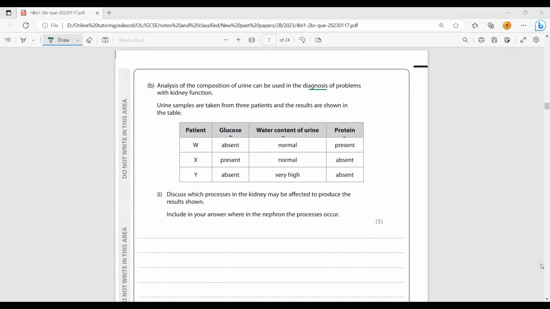Okay. First, we talk about patient W. The process will be ultrafiltration. It happens from the glomerulus into the Bowman's capsule.